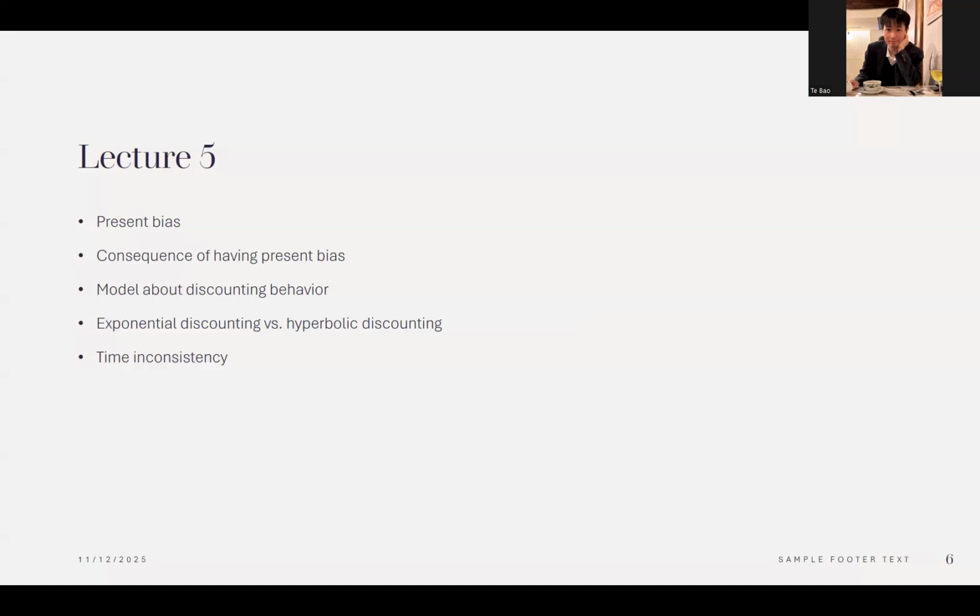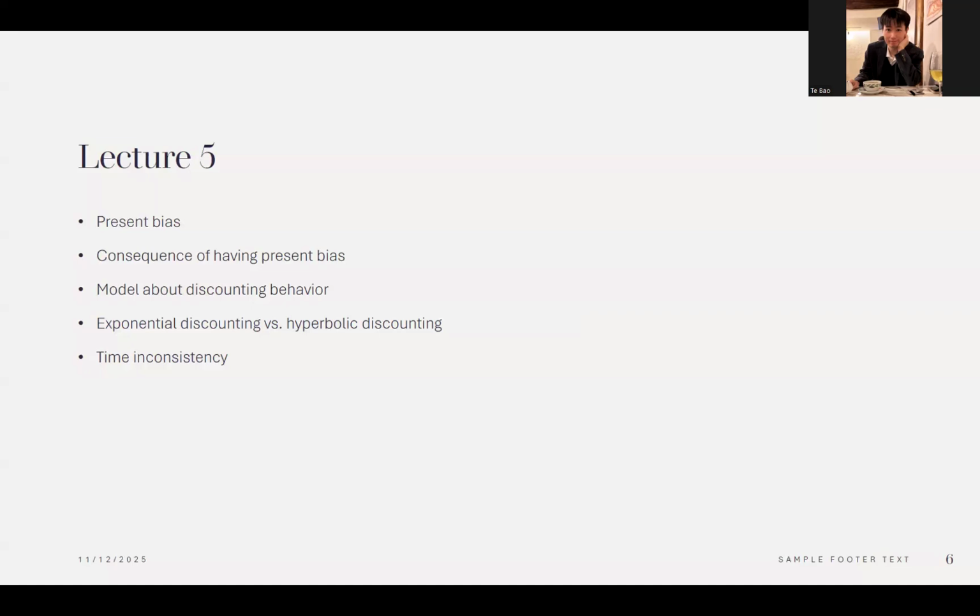Quasi-hyperbolic discounting means that your total discount factor will be beta times delta to the power of t. Beta is the measure of present bias, or sometimes we call it myopia, which means that between now and the future you have extra discounting, which is beta. And beta is typically less than 1. So that's the main idea of present bias.